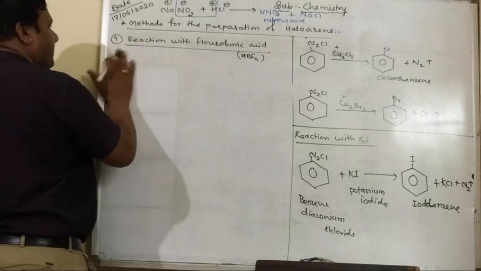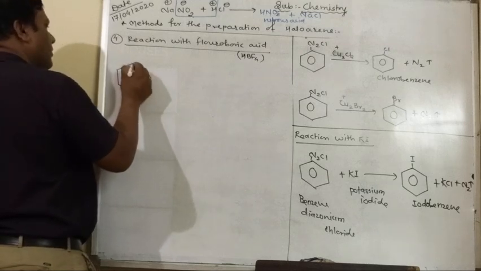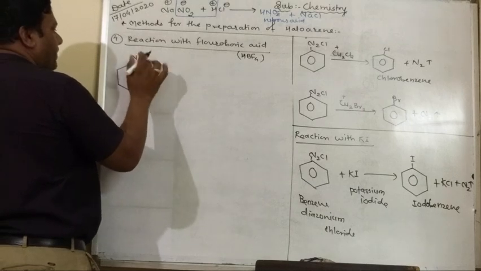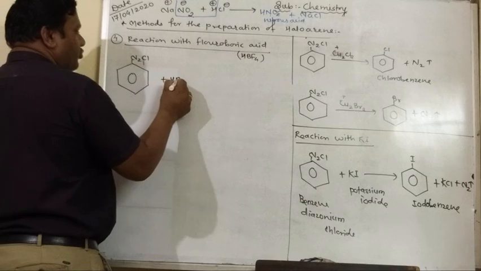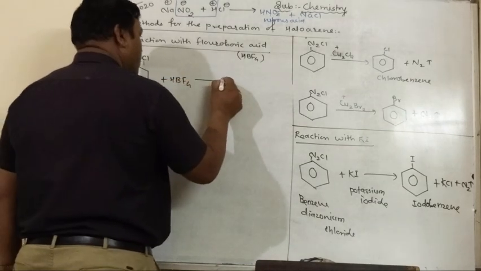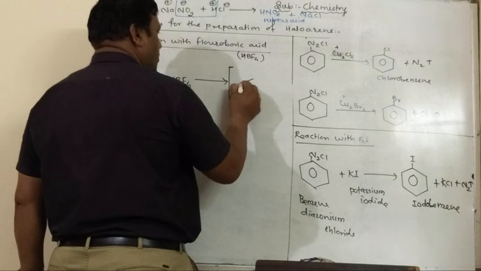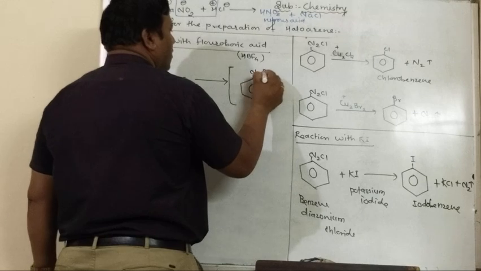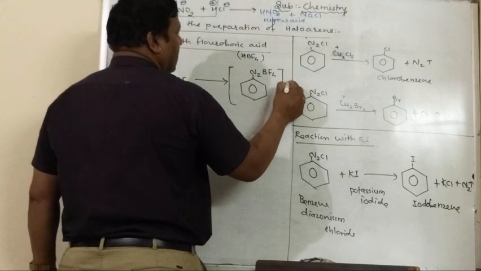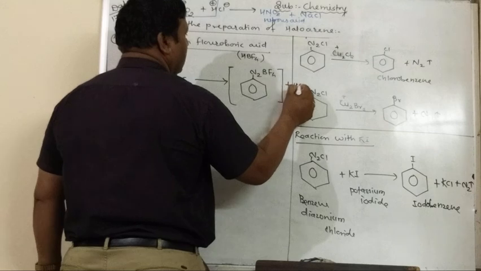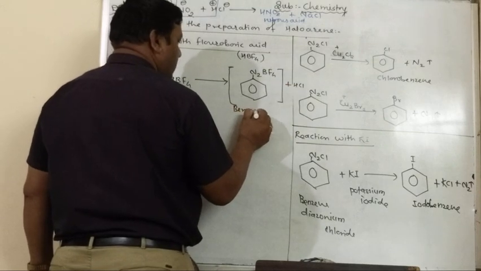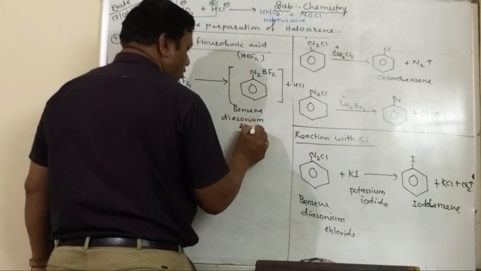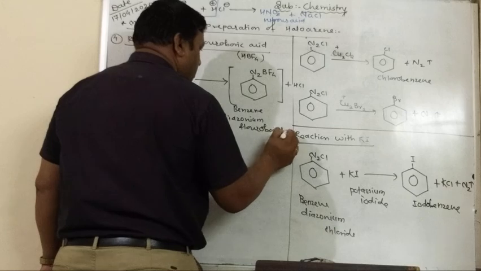So here benzene diazonium chloride, when it reacts with HBF4, you will get benzene diazonium fluoroborate, N2BF4 and removal of HCl, named as benzene diazonium fluoroborate.